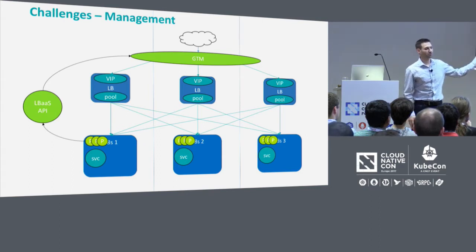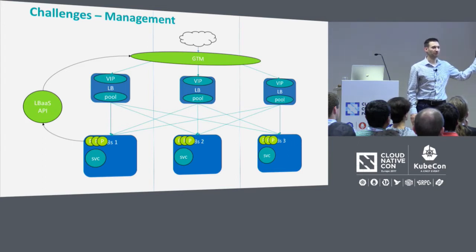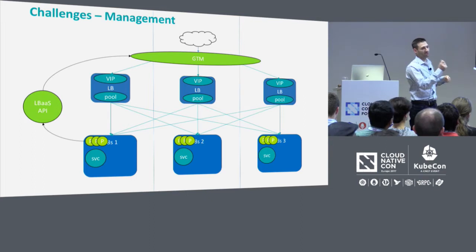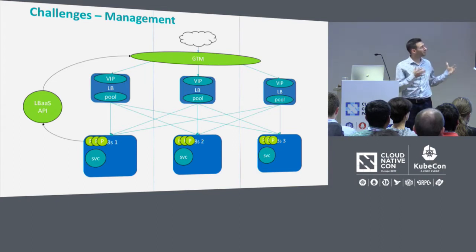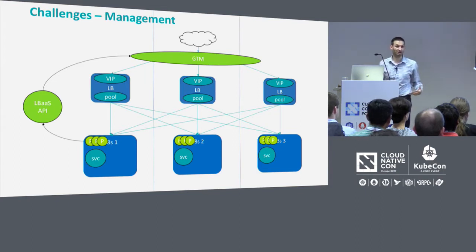So we ended up having to run 3 copies of our integration on each cluster in order to plug the nodes into the 3 load balancers. And it just gets really messy, right? It creates a lot of spaghetti in our cloud environment that really shouldn't be there.